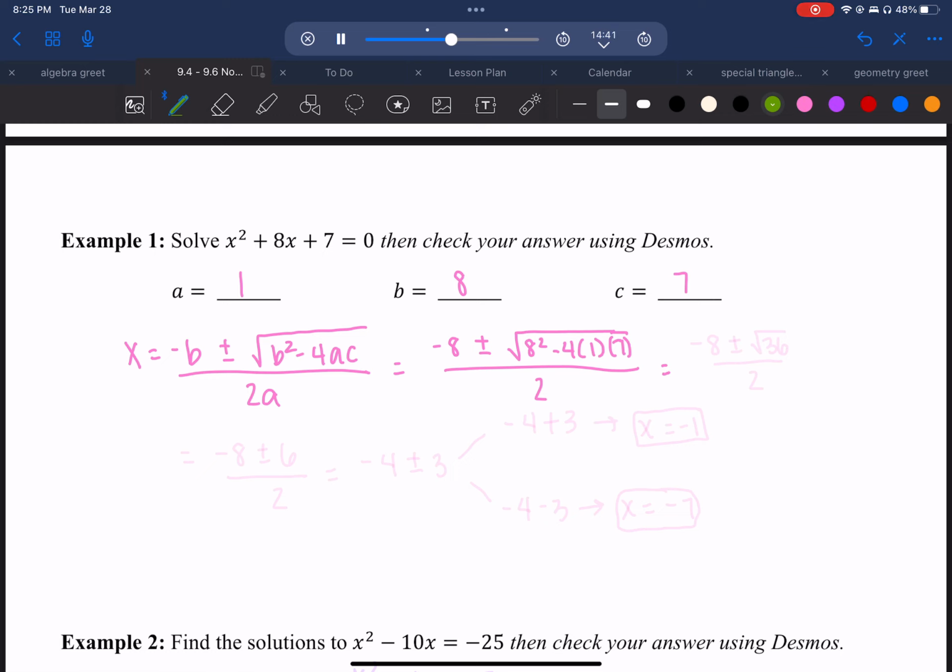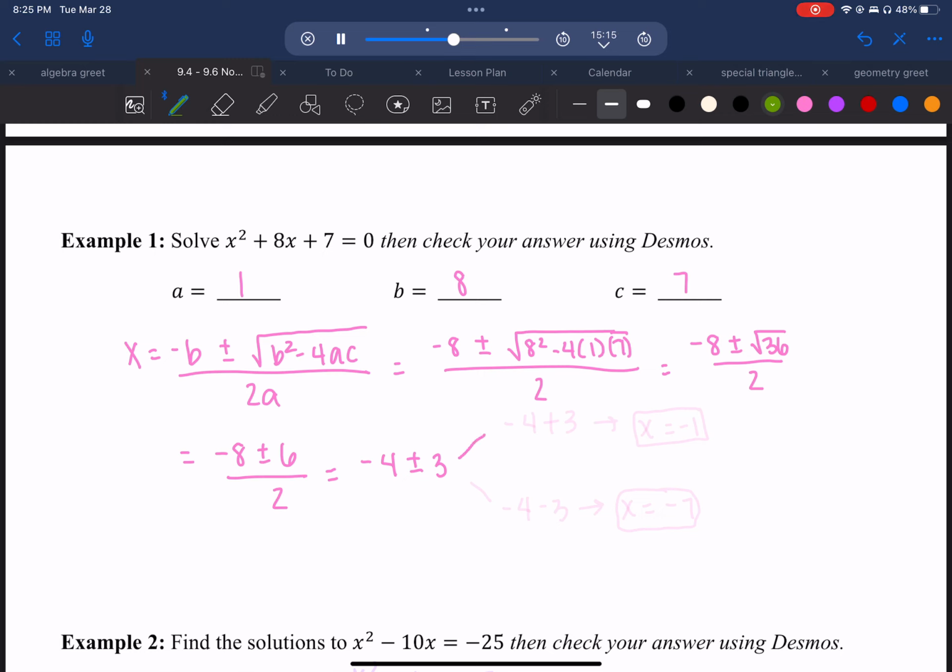We can then plug all of that work into our calculator, and we get -8 plus or minus the square root of 36 all over 2, which then gives us -8 plus or minus 6 over 2, and -8 divided by 2 is -4 plus or minus 6 divided by 2, which is 3.